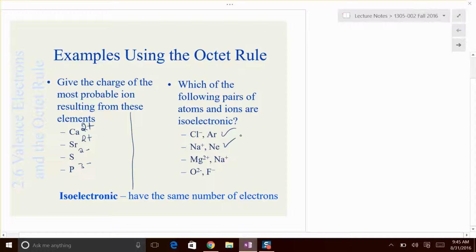Is magnesium 2 plus isoelectric with sodium plus? Is O2 minus isoelectric with F minus? Yes. So all of those are isoelectric. Meaning it has the same number of electrons or the same electron configuration. Iso is the key to that. Iso means the same.